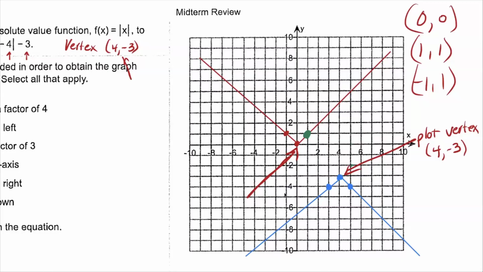Did I do this right? Am I counting right? 1, 2, 3, 4, and then down 3. Yeah, and then it flips over. Okay, so it's not an additional flip.